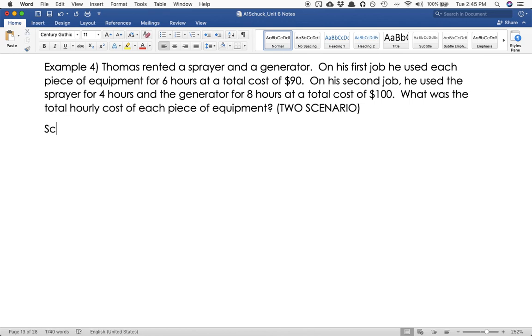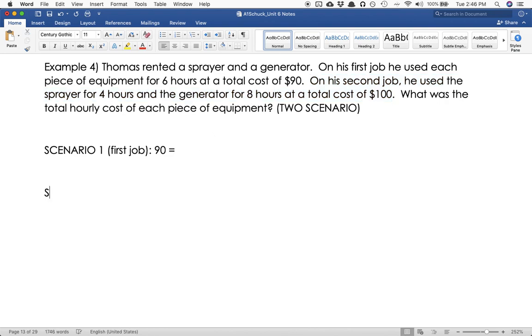So I'm going to say, all right, scenario 1 is his first job. And I know that it's going to be $90 equals something. On his second job, that's going to be his second scenario, he used the sprayer for 4 hours and the generator for 8 hours for a total cost of $100.